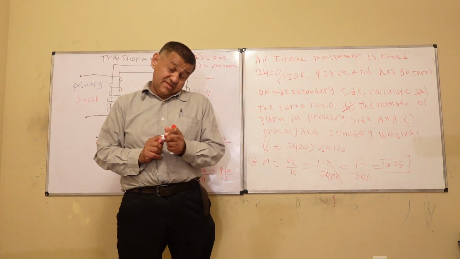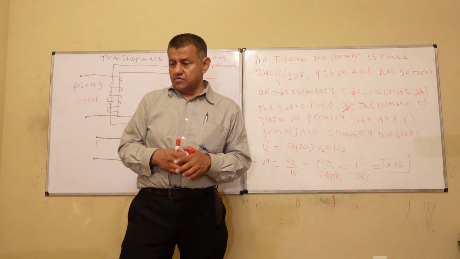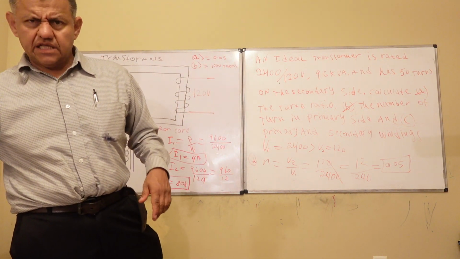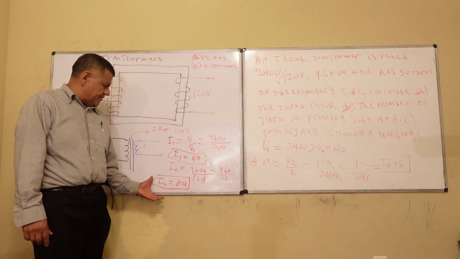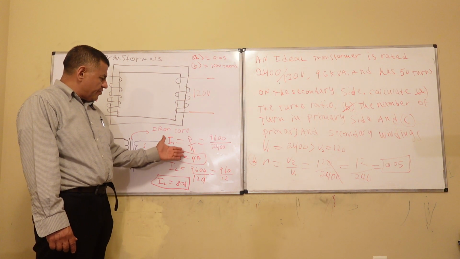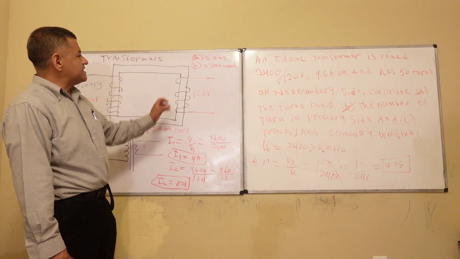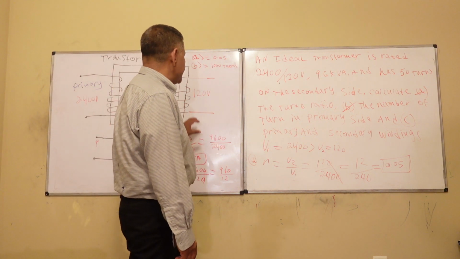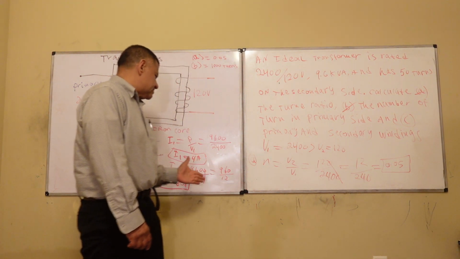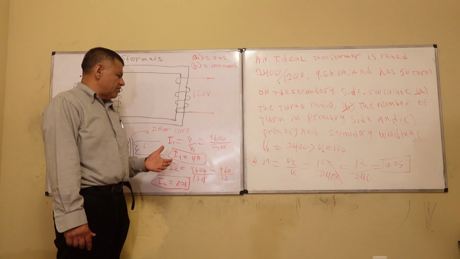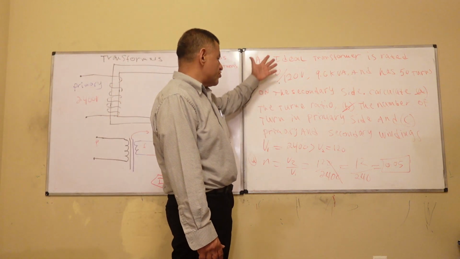That's how you calculate the secondary and primary currents of a transformer, and the turn ratio.